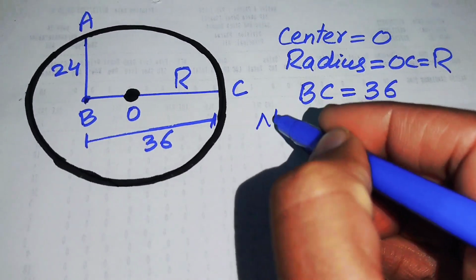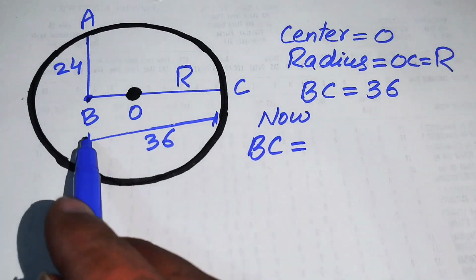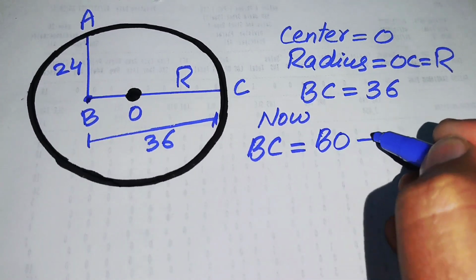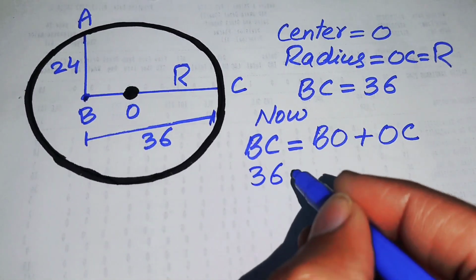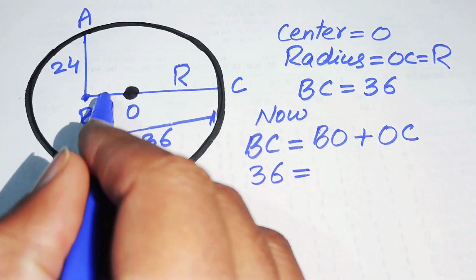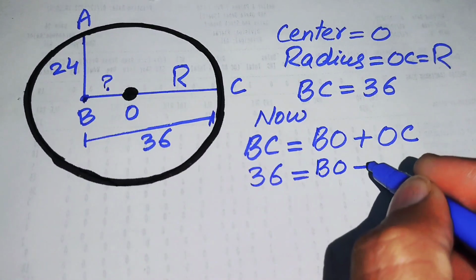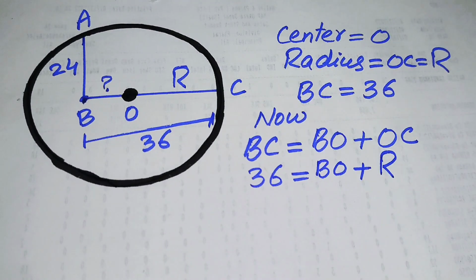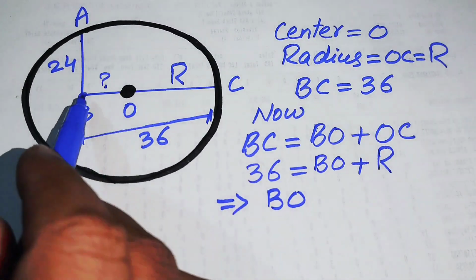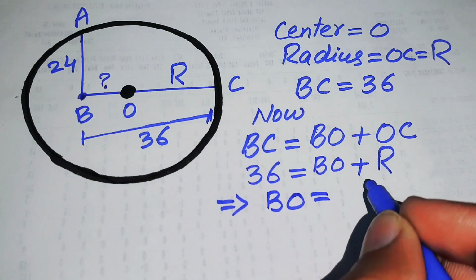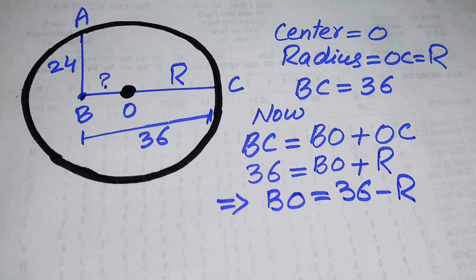So BC equals BO plus OC, where BC is 36, BO is unknown, and OC is R. So we easily get the value of BO: it equals 36 minus R.